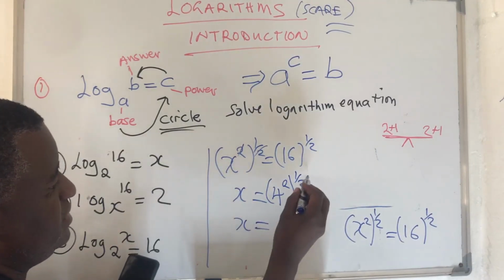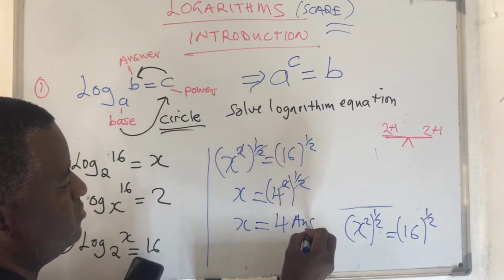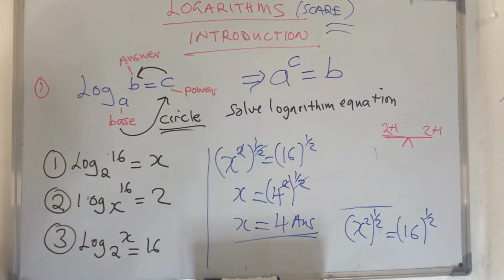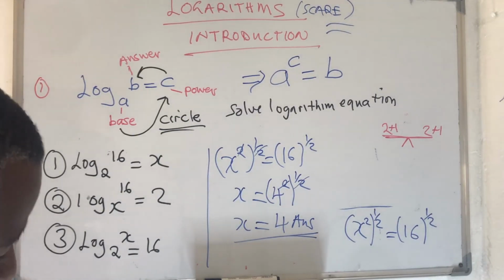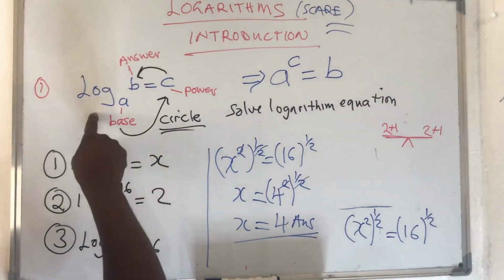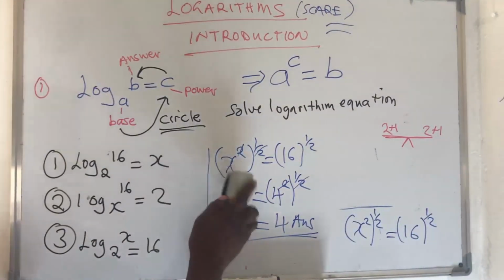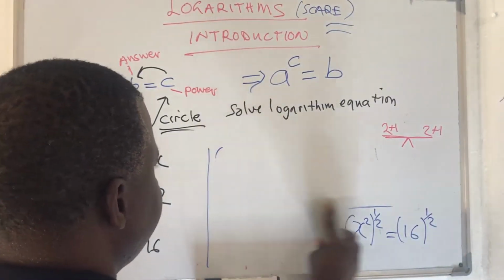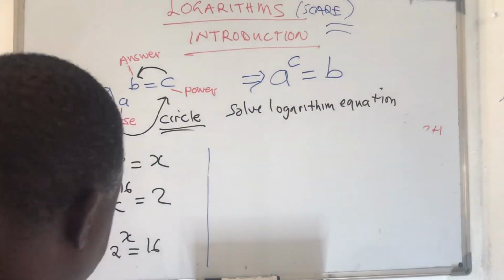So you can clearly see that these 2 and these 2 will cancel, so I'll remain with a 4. So x is equal to 4. You've seen that we are solving logarithm equations just by using this same rule. If you can just understand this simple rule which is here, isn't it? Now let's do the next one.